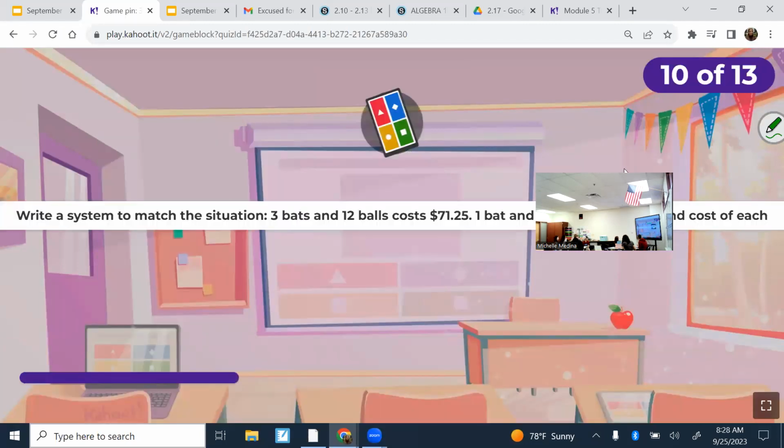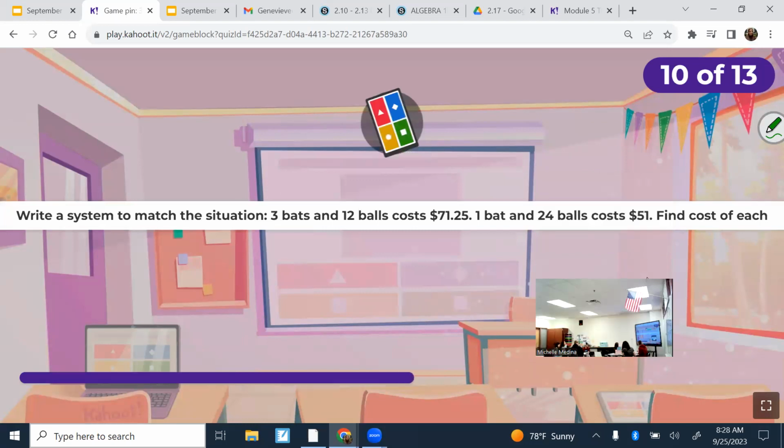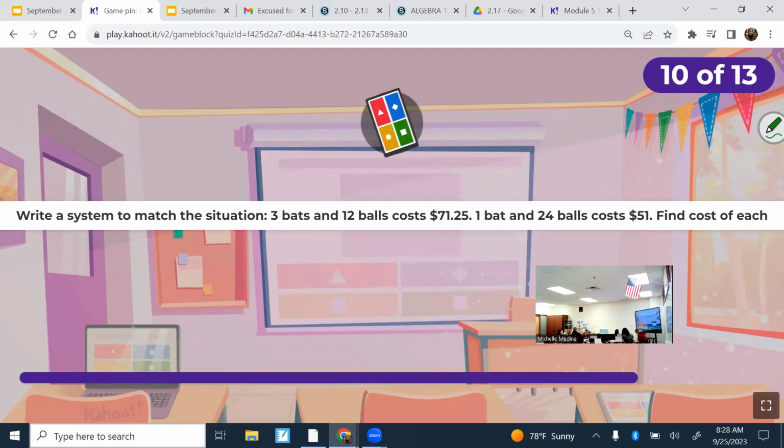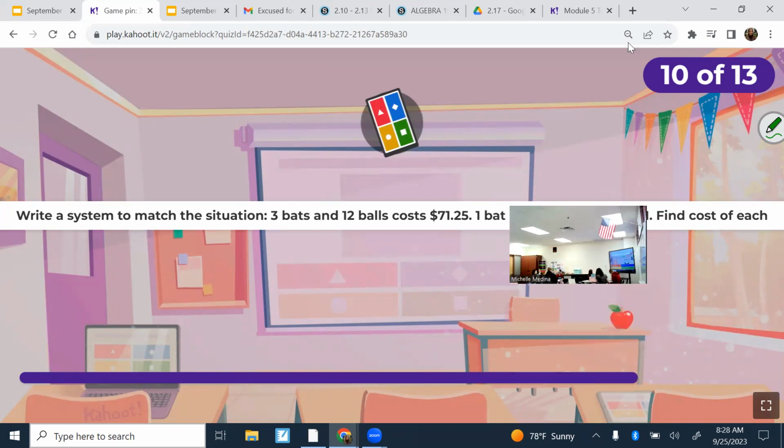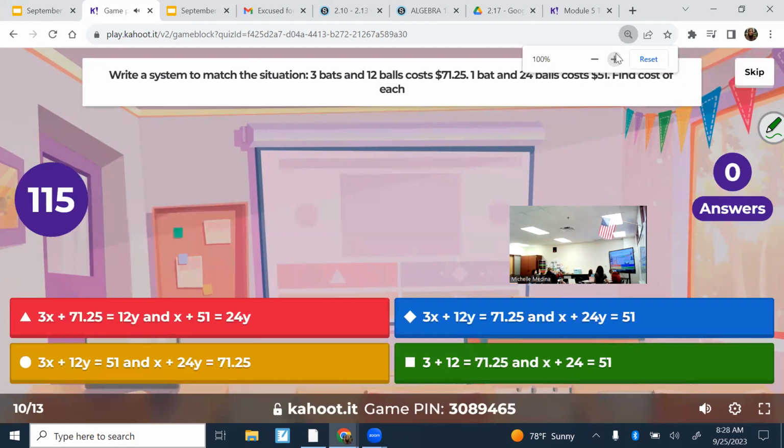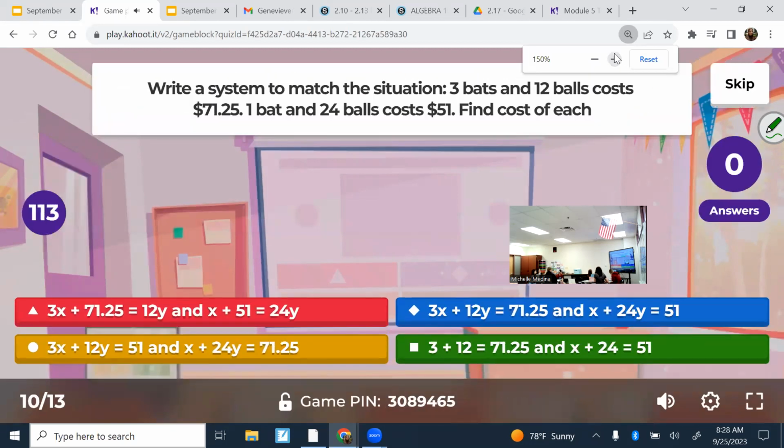All right, write a system to match this situation. 3 bats and 12 balls cost $71.25. 1 bat and 24 balls cost $51. Find the cost of each, but you're just writing the system. You're not actually calculating anything. Great practice for your test. This may be your last one.